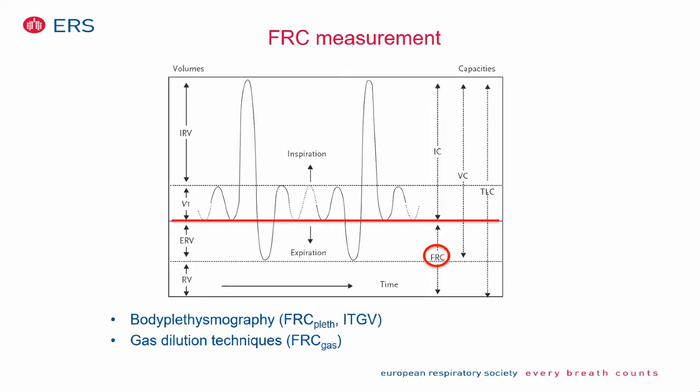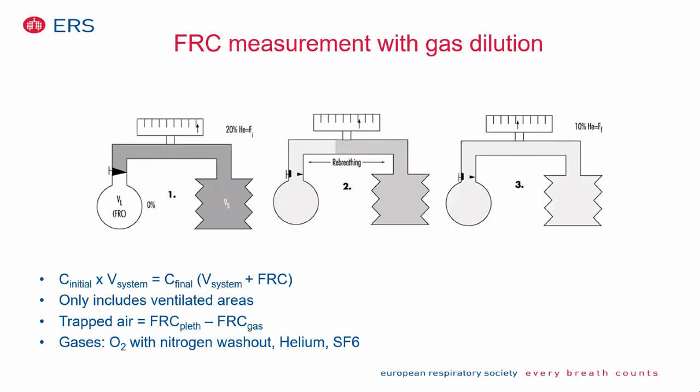The FRC, the residual volume, the volume in your lungs, can also be calculated by other means than by bodyplethysmography, by gas dilution techniques. And Gappa will, in the talk in about an hour, talk more about the gas dilution techniques, but I show you just the principle behind it.